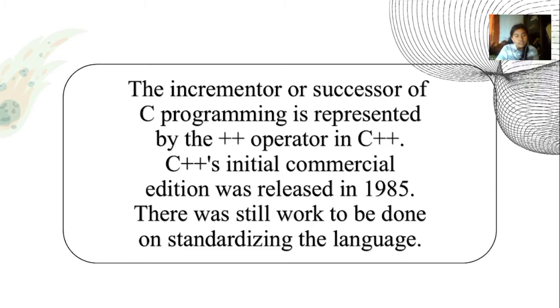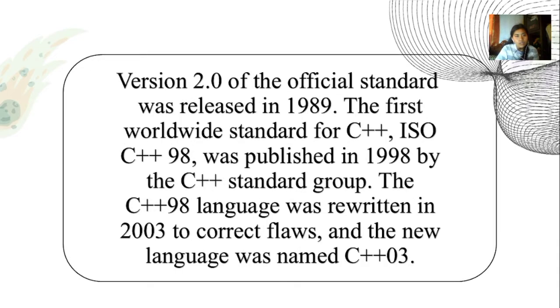C++'s initial commercial edition was released in 1985. There was still work to be done on standardizing the language. Version 2.0 of the official standard was released in 1989. The first worldwide standard for C++, ISO C++98, was published in 1998 by the C++ Standard Group.